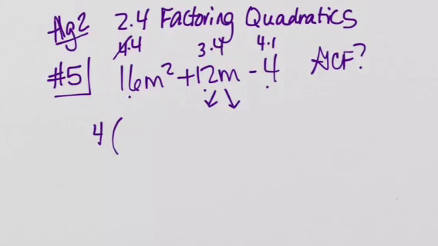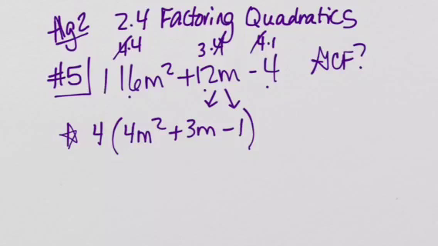It leaves me with 4m squared plus 3m, oops, don't cross out the 1, the 4, minus 1. Okay, these two things are equivalent to each other. I've just changed how it looks.